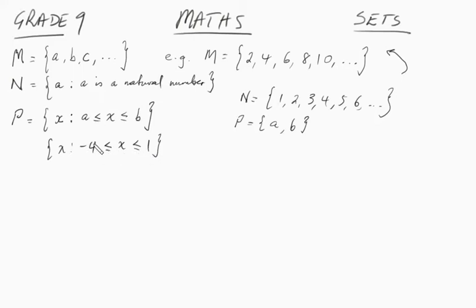But there are numbers between negative 4 and 1. So that means P in this regard would be the set of negative 4, comma, negative 3, comma, negative 2, comma, negative 1, comma, 0, comma, 1. So the elements in this set start from negative 4 and end at 1, whereby we put other integers.